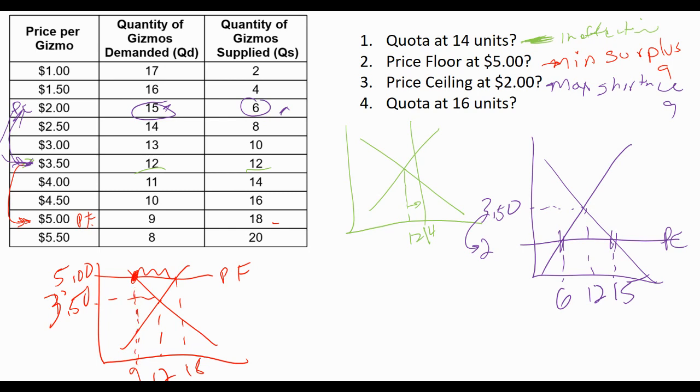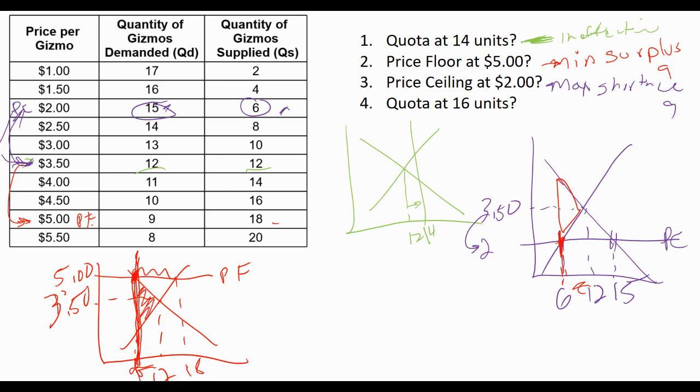So producers are only going to sell 9 goods, because people are only going to buy nine. So this gets society to reduce down to 9. Over here, with a binding price ceiling, the producers are only going to provide 6. So once again, these are all reducing our standard of living and creating this dead weight here. We're getting dead weight, right?